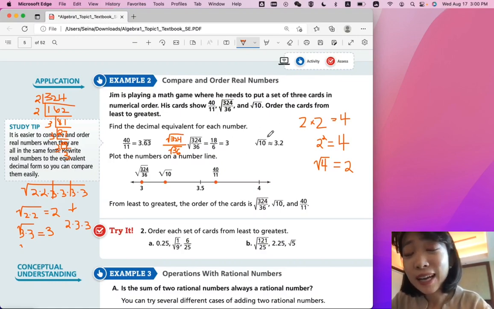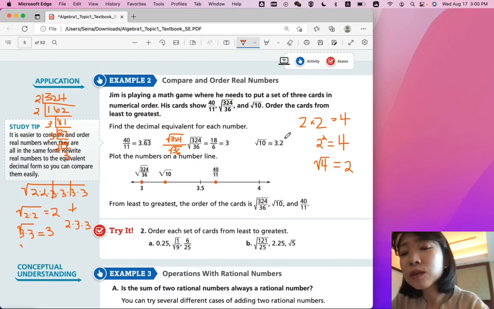And for the square root of 10, you don't have an exact number. You're going to get something between 3 and 4, because 3 times 3 is 9, and 4 times 4 is 16. So 10 is between 9 and 16, which are whole number squares.